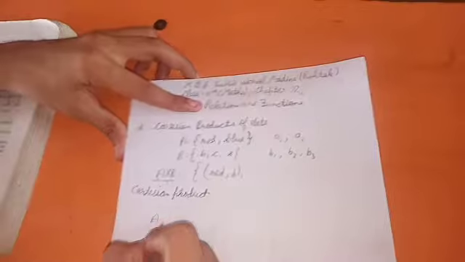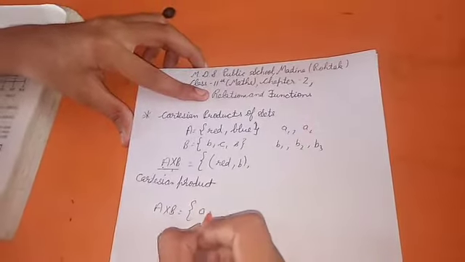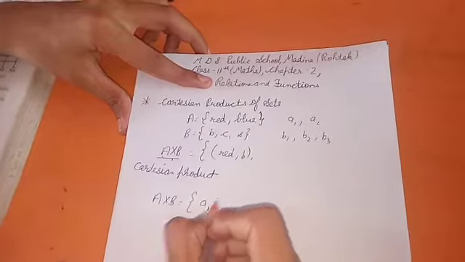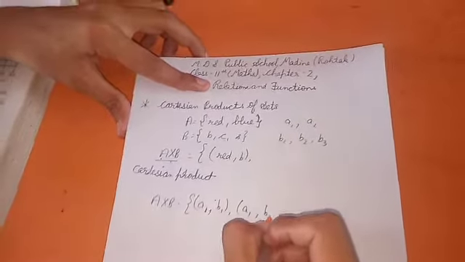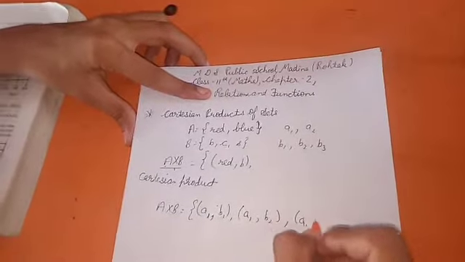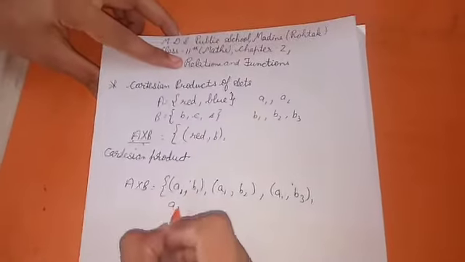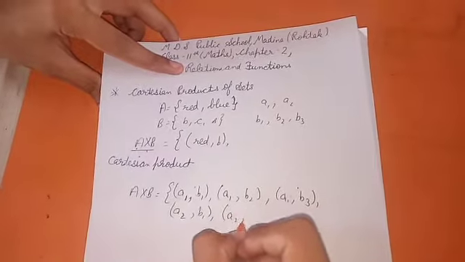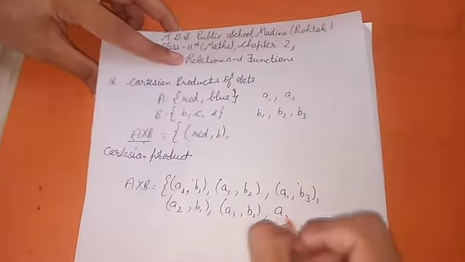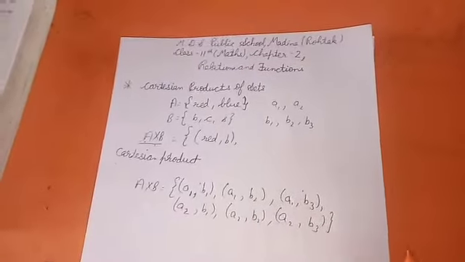I can write here A cross B. It will be A1 B1, then A1 B2, A1 B3, then A2 B1, A2 B2 and A2 B3. This will be a Cartesian product.